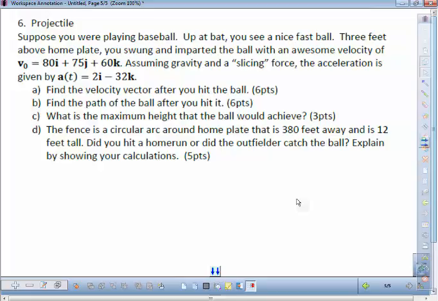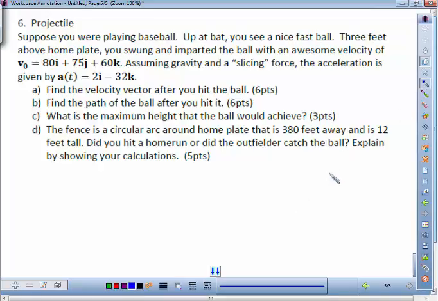There's a lot of stuff up there. Where do you start? Draw a picture. Drawing a picture is always a good start. So I'm going to draw the picture from the point of view of maybe behind home plate, maybe a little bit off to the side from home plate.